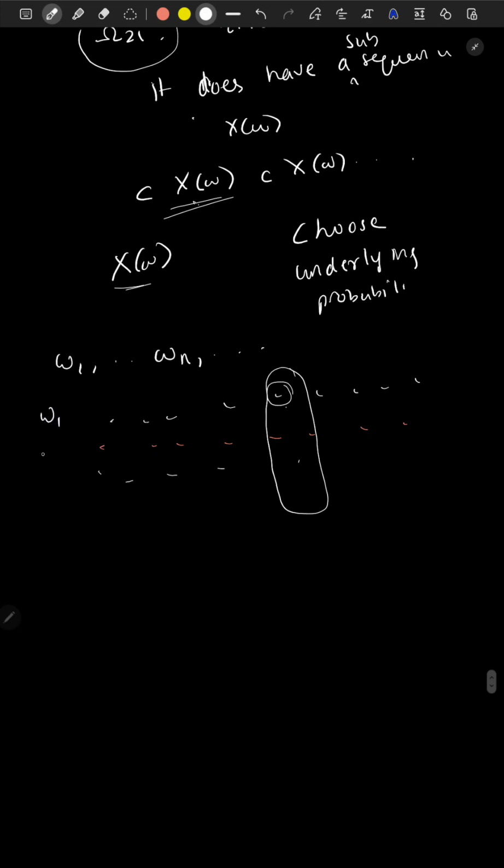So this is a sequence corresponding to omega 1, this is a sequence corresponding to omega 2, this is a sequence corresponding to omega 3. So if at an infinite position most of the sequences have the right value that we are looking for, like x omega 1, x omega 2, x omega 3, maybe one or two will not have the right value, but the proportion should be in favor of this.